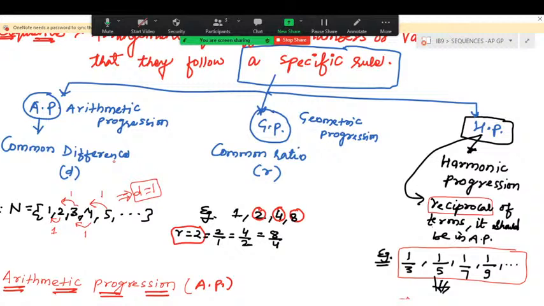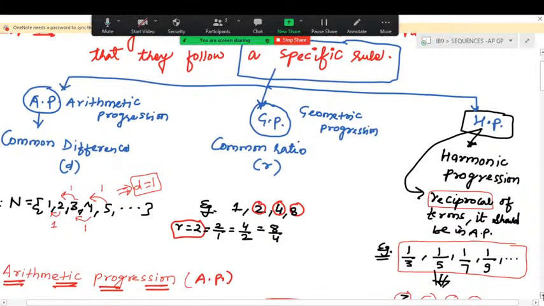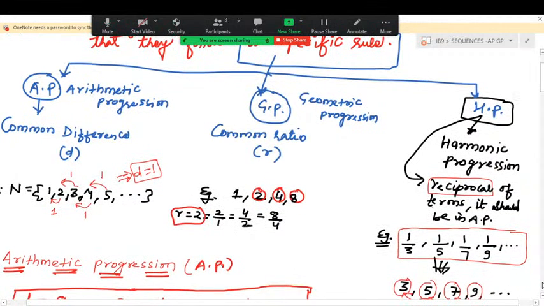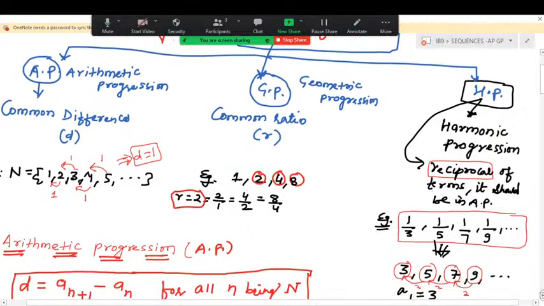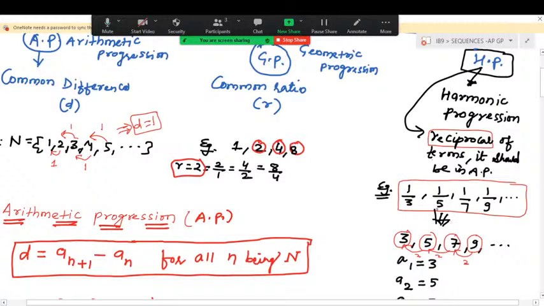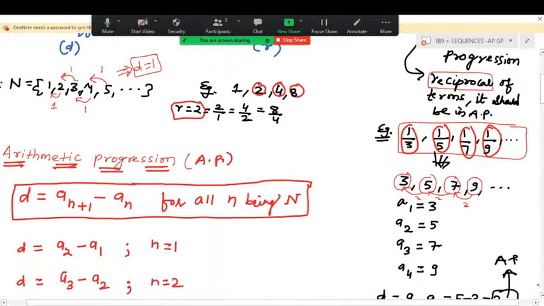And if the sequence right now does not seem to be any sequence, but if you reverse all of the digits, you will find that they are in AP, then you will call this sequence HP. Got it? We have already covered this in much detail in the previous class, so I will not take much time here. I will just cover it briefly, and then we will start with questions today.